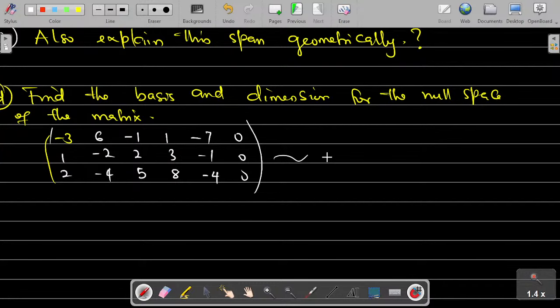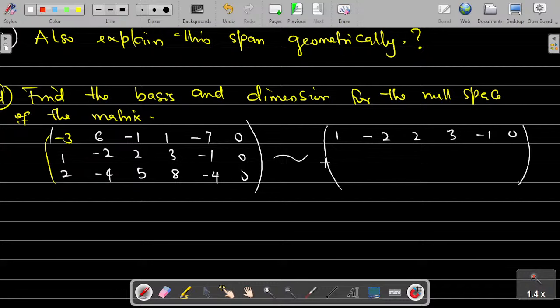Okay, so let's go. Remember, in our reduction, row 1 will remain the same, but here we want to exchange row 1 and row 2. So I'm going to have 1, 2, minus 2, 2, 3, then 3 minus 1, and then 0.